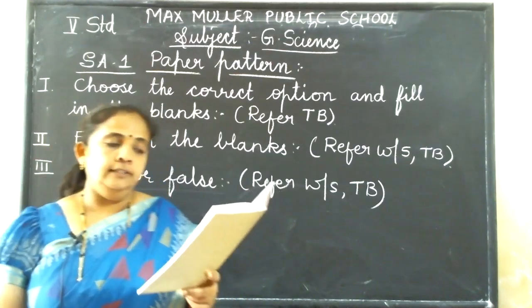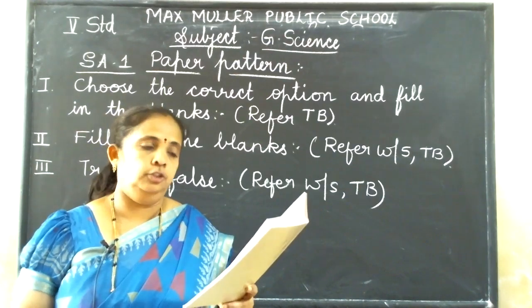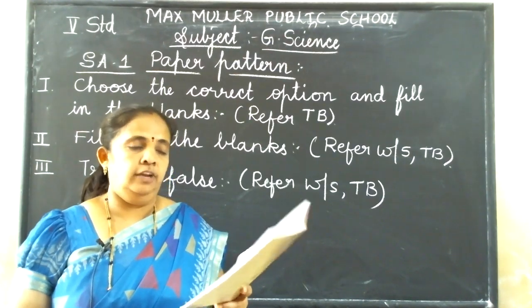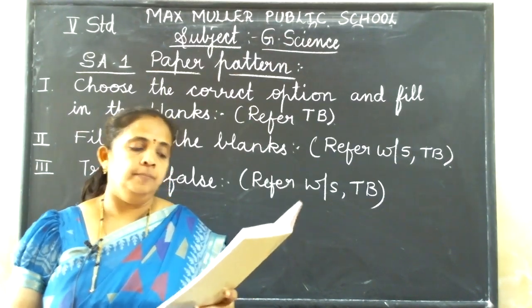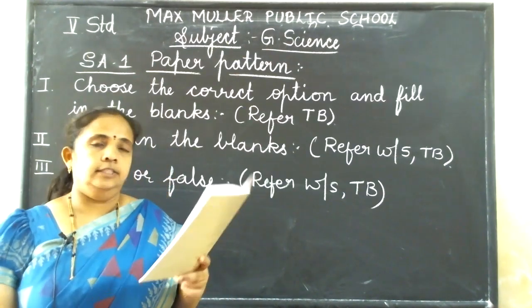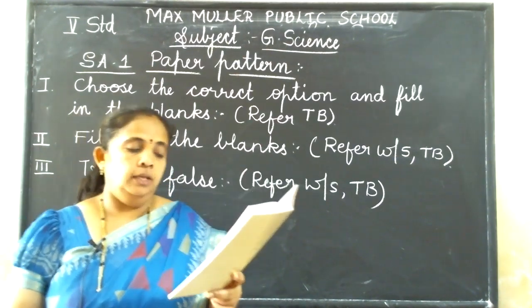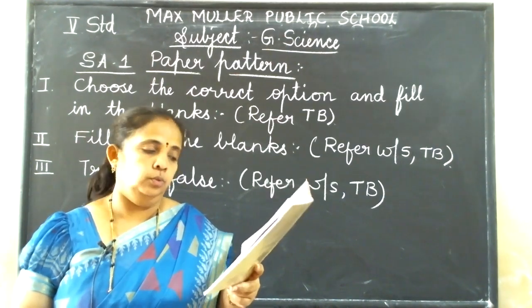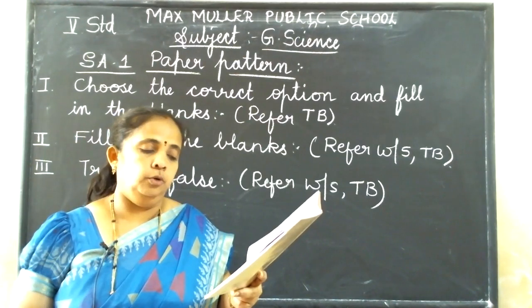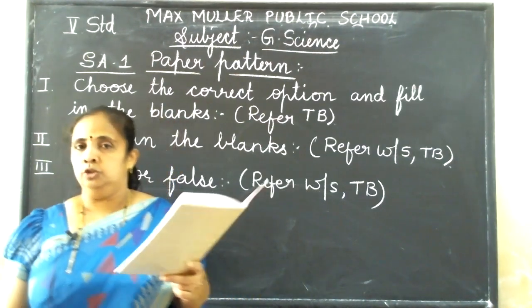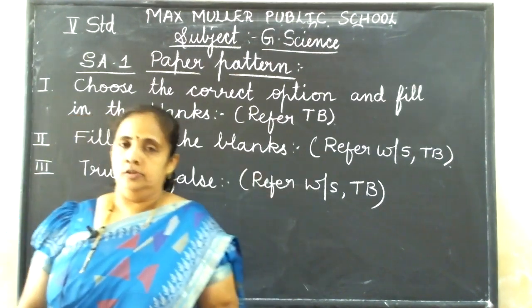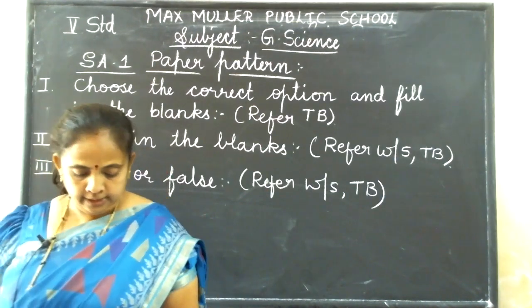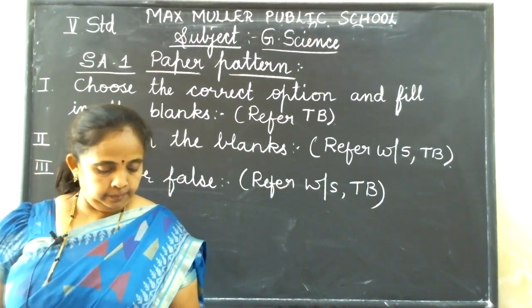Petals attract insects which help in pollination. True. Herbivores are flesh-eating animals. False. Webbed feet are a characteristic of a dog. False. Migration of animals is usually periodic. True. A frog is adapted to two types of breathing. True. So it lives on land as well as in water. That is why it has two types of breathing.